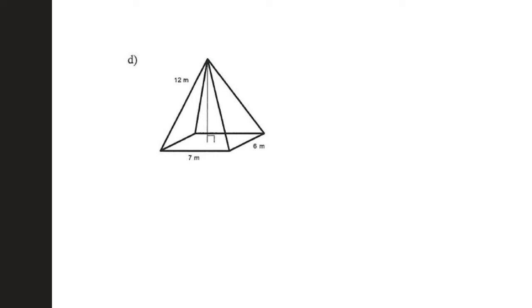What we see in D now is a different shape. We recognize that that is not a prism, because the shape on the bottom is a rectangle and my shape on top is a point. It's a vertex. So clearly not the same shape.